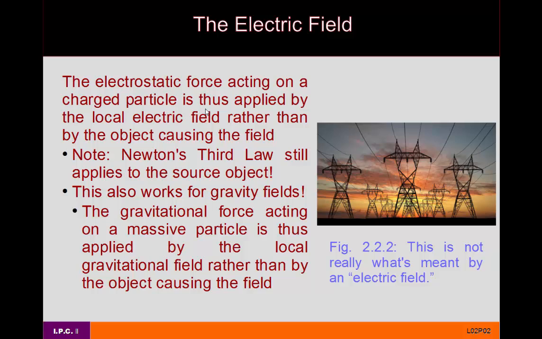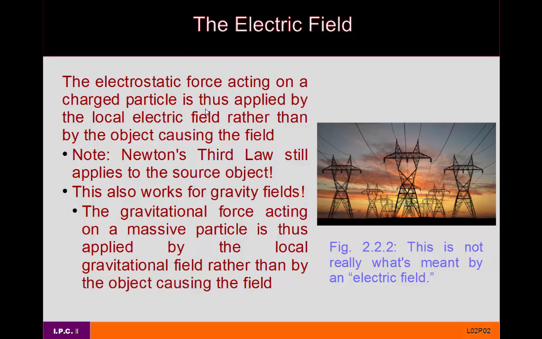With that said, Newton's third law still does apply to the source object. So if I have a proton which is generating a field, and there's an electron nearby, there will be a force that acts upon the electron, and the electron itself is also generating some field which acts upon the proton.